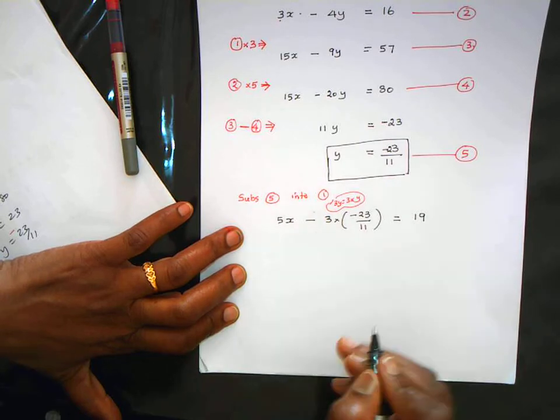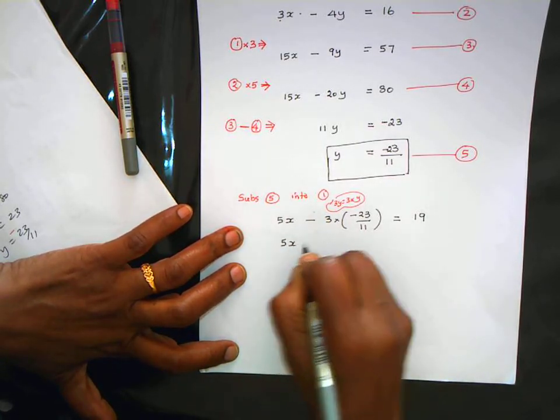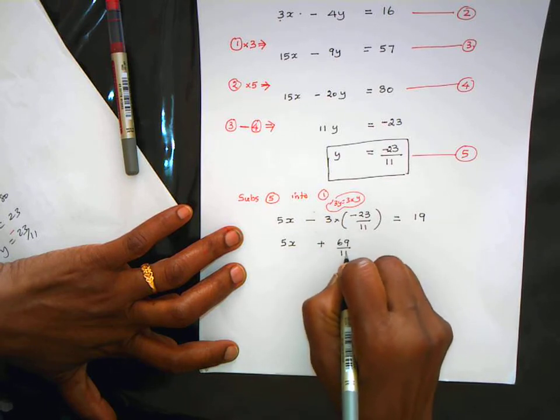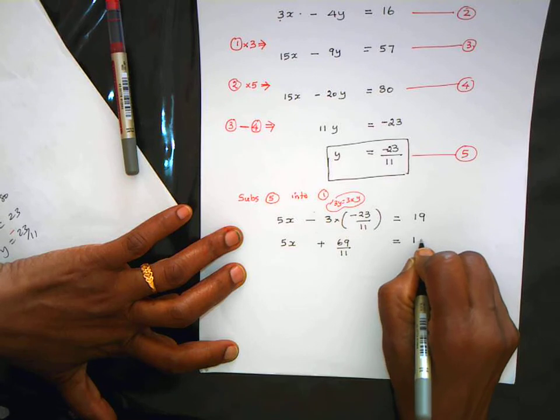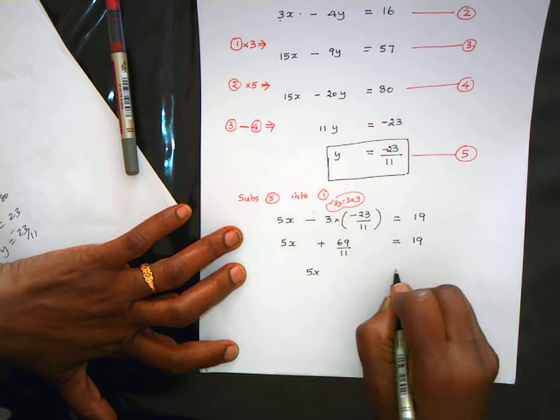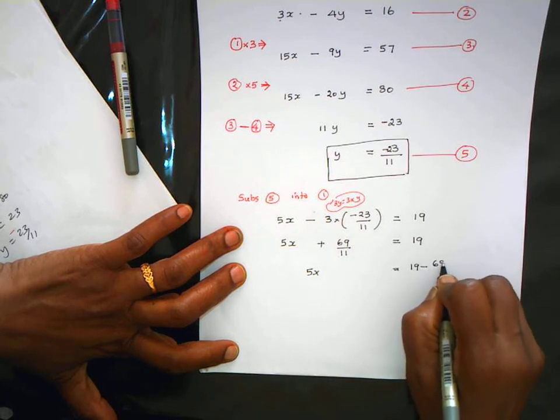Now we are going to solve for x here. So this becomes 5x plus 69 over 11 equal to 19.